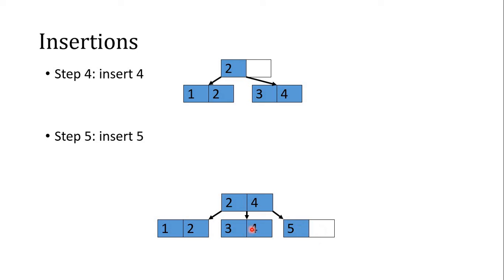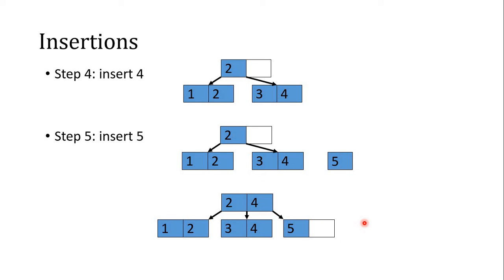Among these 3, 4 and 5, 4 is the median, so 4 is split and moves up. Just after the 2 we have a space, so 4 can be set here. All the values are at the same level. This level is called the data level or leaf level, and the internal node level is the markup level, which is above this data level.